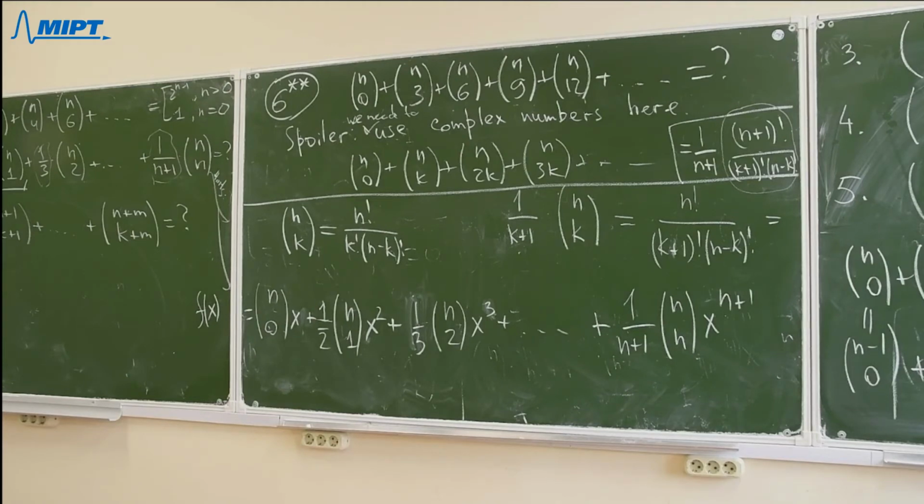In the second summand it will be 1 over 2 times n choose 1, so it will be n over 2, but not n factorial over n plus 1 factorial. The first summand will be equal to 1.